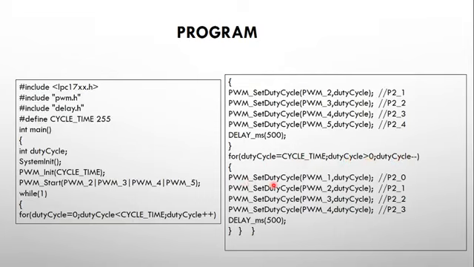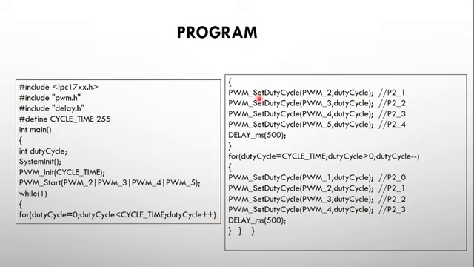Next, we set the duty cycle once again for all the 4 pins. It can be PWM2, 3, 4, 5 or PWM1, 2, 3, 4, but ensure that the same pins are used. Next, once again we have a delay. So this keeps going in an infinite loop. We first check for 0 and increase the brightness of the LED with duty cycle plus plus.